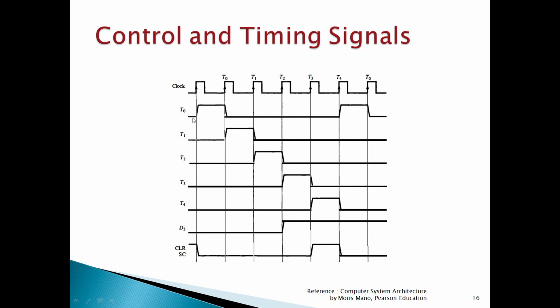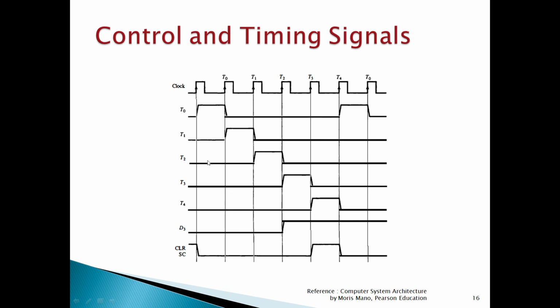Now for the timing signal T0: if T0 is activated for the first cycle of the clock, then all the rest of the timing signals are inactive at that time, including the decoder and everything. When T1 is activated on the higher edge, then T0, T2, T3, T4, everyone is inactive.